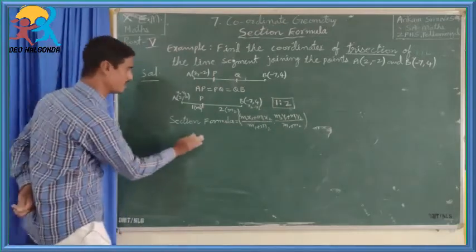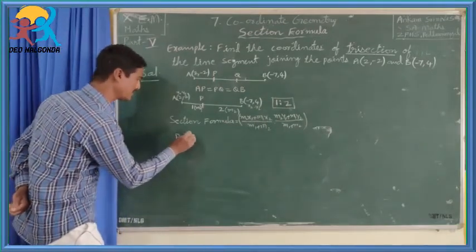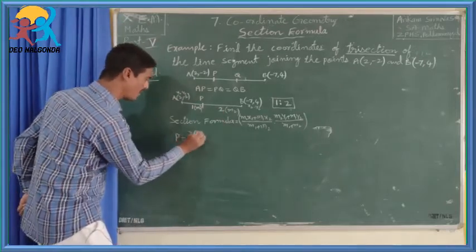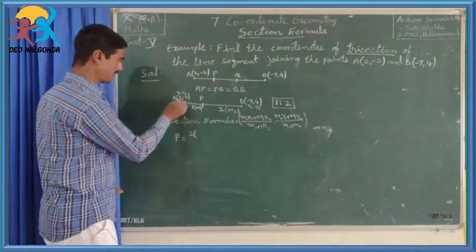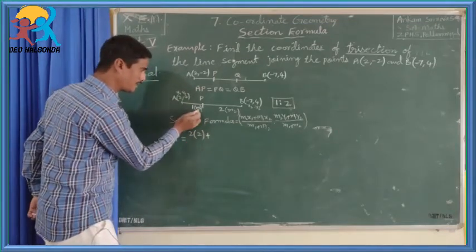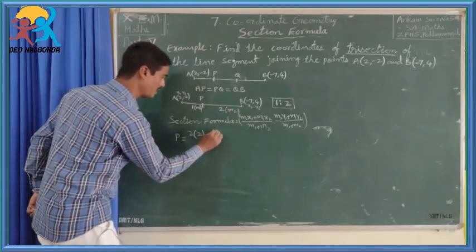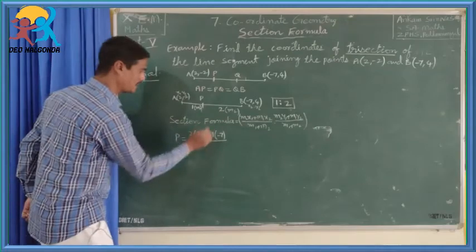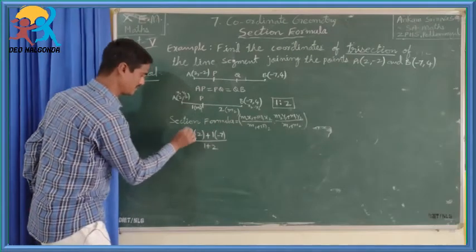So P equals m2 x1, 2 of 2, plus m1 x2, 1 of -7, by m1 plus m2, 1 plus 2.